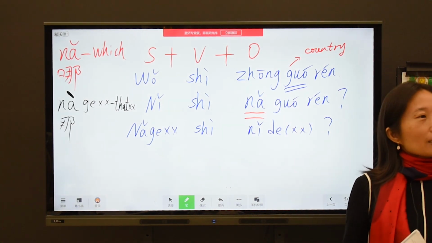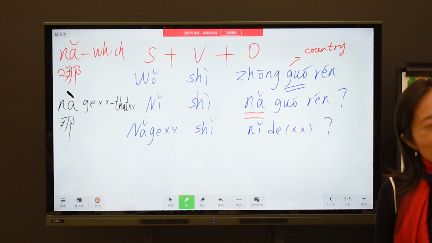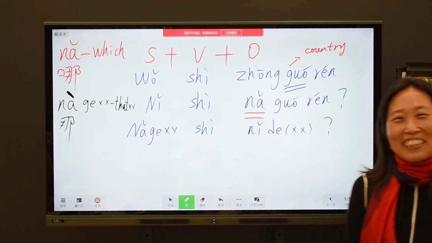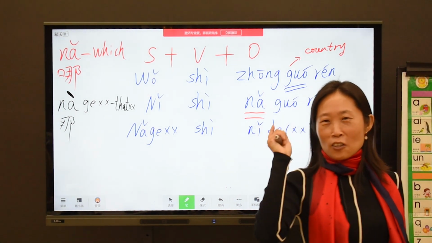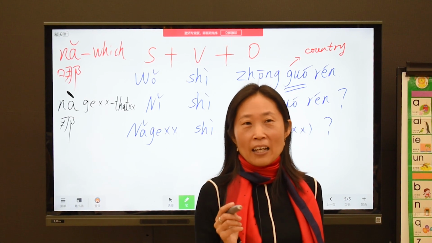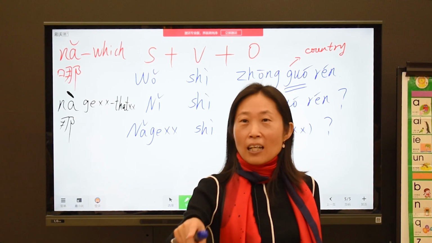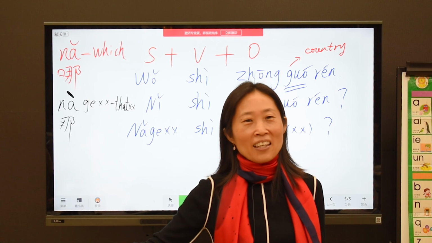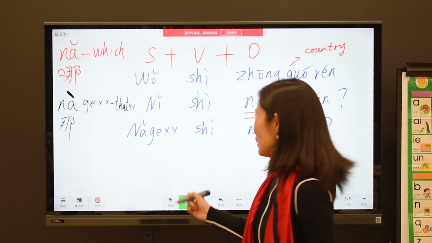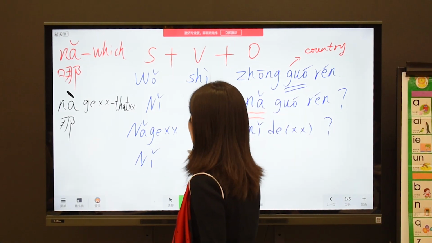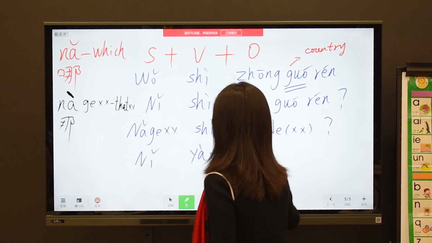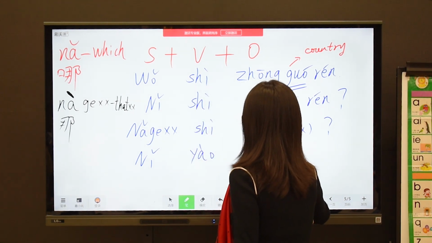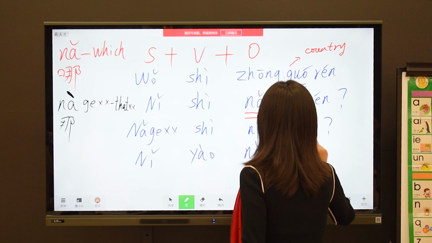Okay, more. Yes, very good. Look, now I talk about you. I say, hi. So I say 你要哪个咖啡. Very good. So 你要哪个咖啡.